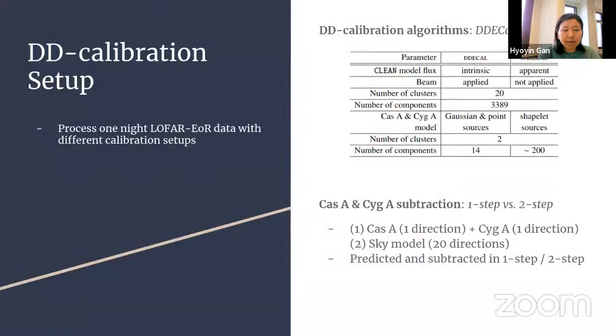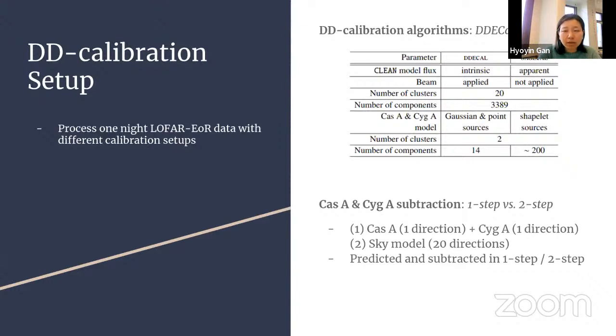So this is the main setup for the experiments that we are doing in this work. Basically there are two important points. We are using two different direction-dependent calibration algorithms, DDE-cal and SAGE-cal. We have been using SAGE-cal for doing the direction-dependent calibration for our data, and it has been working pretty well.